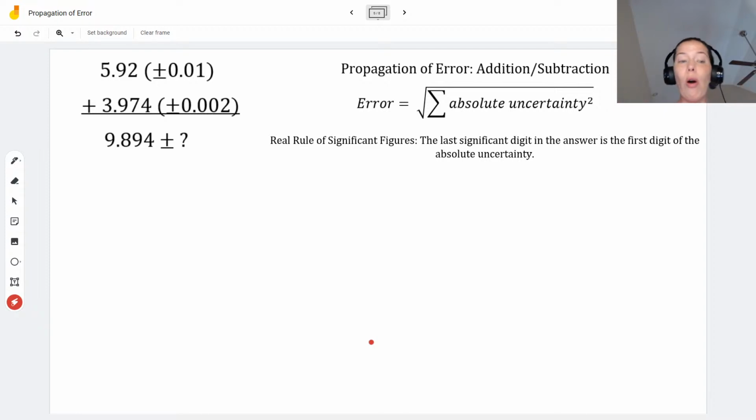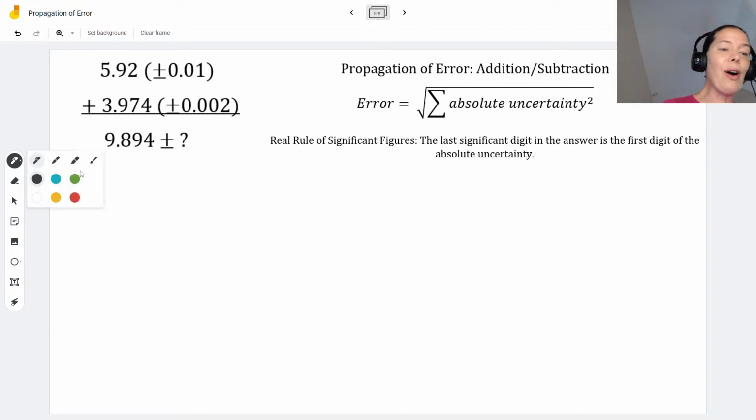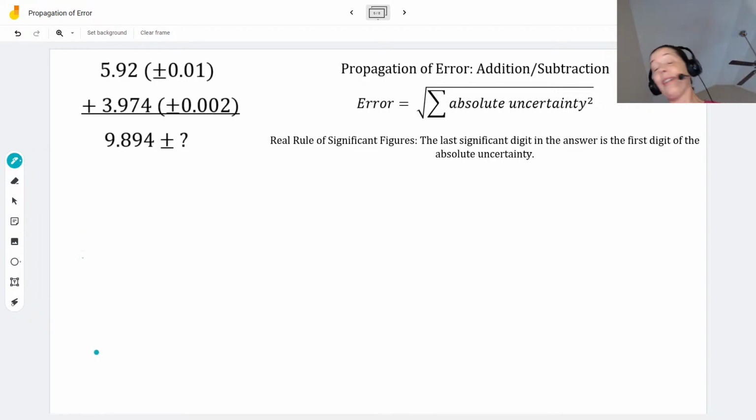So now, finally, 10 minutes in, we're actually going to start some math here. Okay, so addition, subtraction. The great thing is we're going to be using our absolute uncertainties, which are given to us here. Usually you will see them in parentheses, and it's a plus or minus some kind of number, and it's usually a decimal.